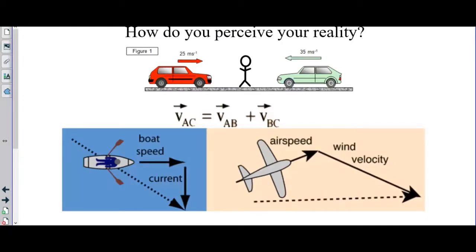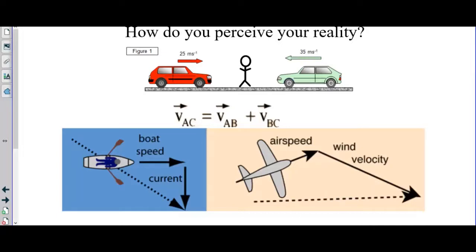which means we're basically going to be doing something known as Galilean velocity addition. In other words, you add two velocities together. If I look at this little stick figure in the middle, this stick figure might perceive this car traveling at 25 meters per second to the right, and would perceive this car traveling 35 meters per second to the left.